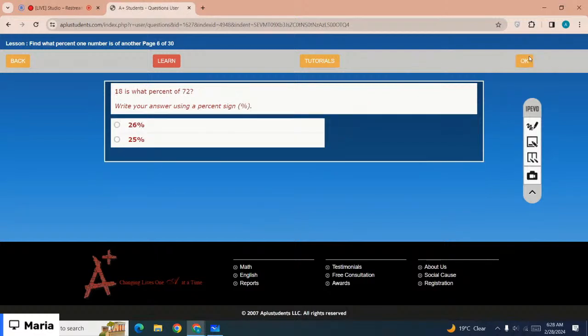18 is what percent of 72? Which is the correct option? Eighteen hundred divided by 72.